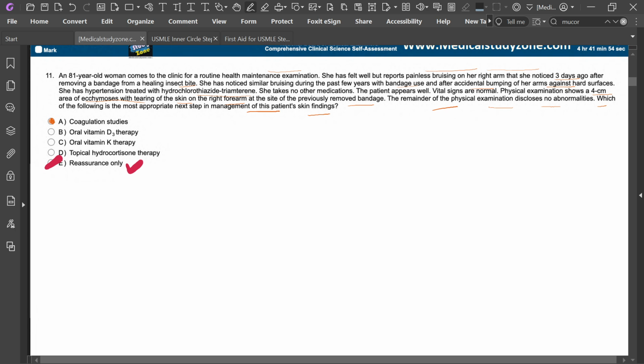Okay. This patient's ecchymosis after minor bumps or removal of a bandage in an 81-year-old patient can be considered a normal finding due to several factors related to the aging process.